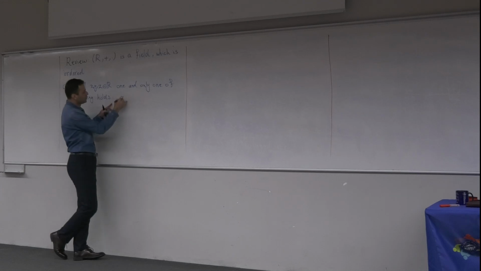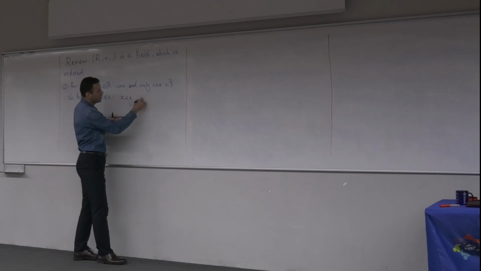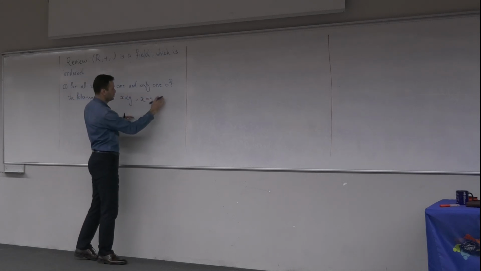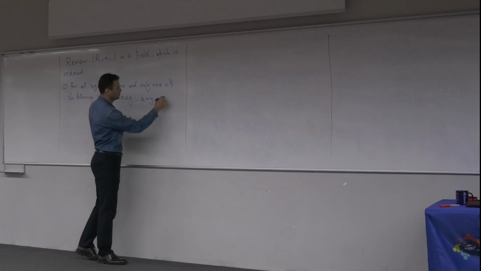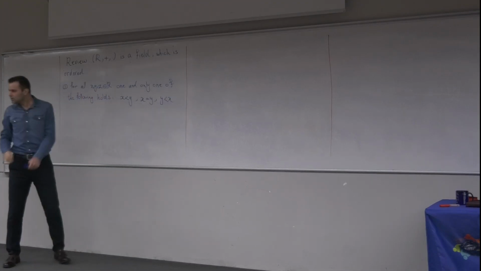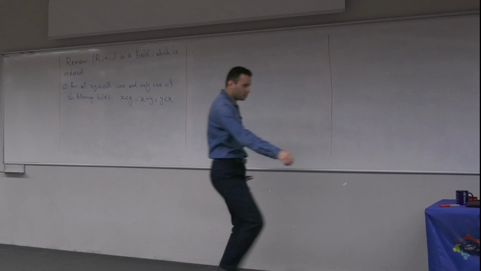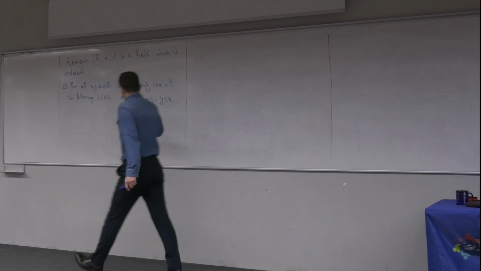What is that? x is less than y, x is equal to y, or x is greater than y. This is called the trichotomy property. Trichotomy.